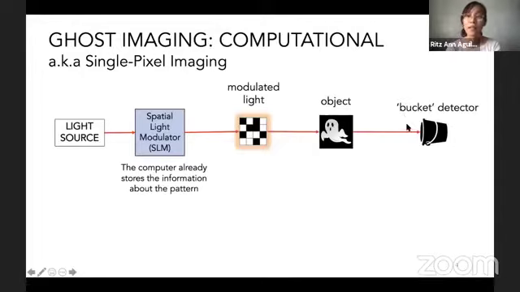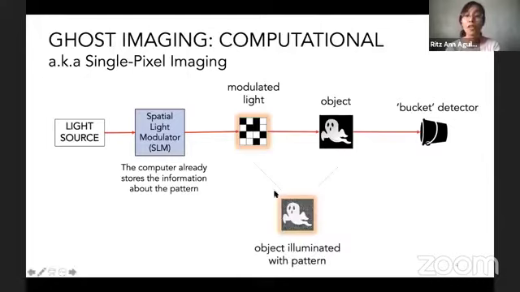In this case, it's a bucket detector, which collects all the transmitted light from the combination of this modulated light with that of the transparency object. And then from the correlations between this modulated light and the signal collected by the bucket detector, you'll be able to form the image of this object.